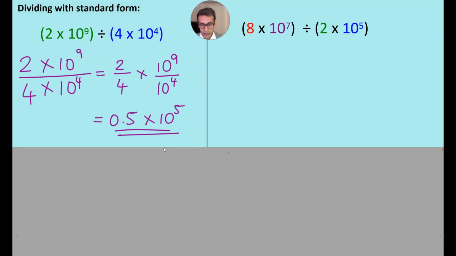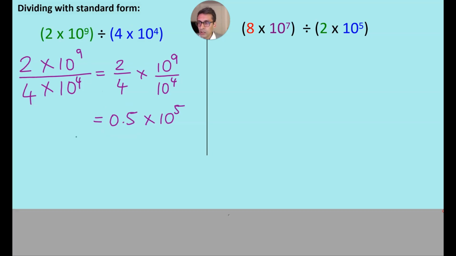This isn't your final answer though, because it wants you to work this out in standard form. So you may have spotted that this number here is not between 1 and 10, so we're going to need to fix that. So we're going to change this number here into 5 times 10 to the power negative 1, and then we're going to bring this number down, times 10 to the power 5.